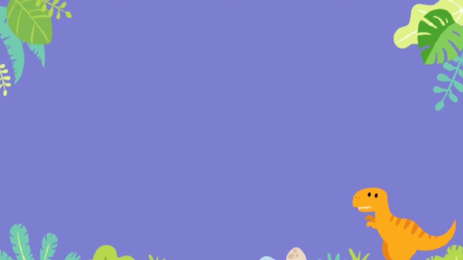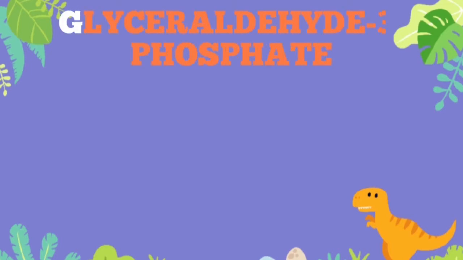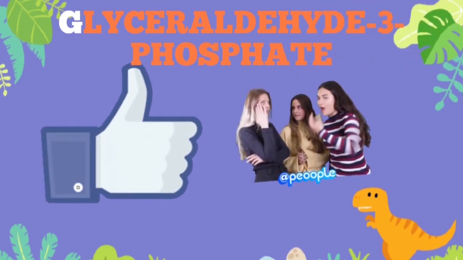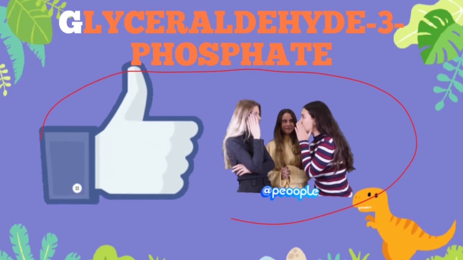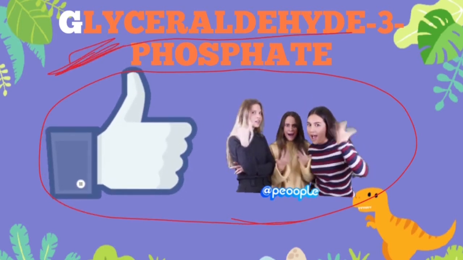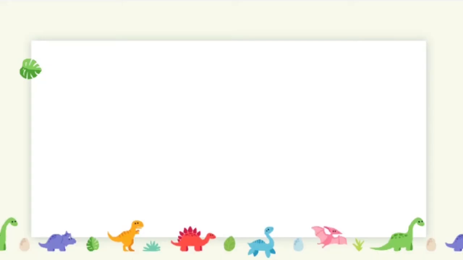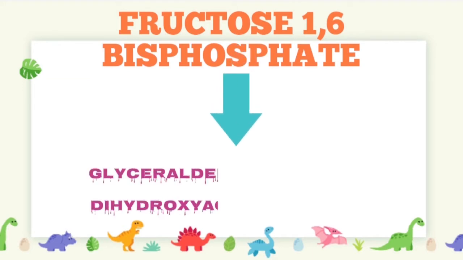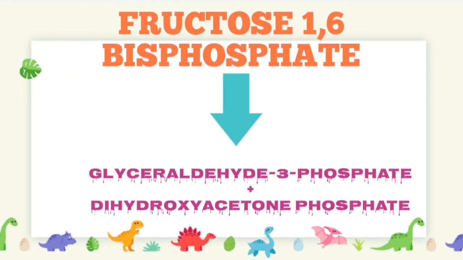Okay. Next is, she posted all this on Facebook. Where in Facebook? Different groups of Facebook. Facebook groups. Okay. Groups of group pages. Glyceraldehyde 3-phosphate. Okay. There is one more end product. I'll tell you about that. Fructose 1,6-bisphosphate is converted into glyceraldehyde 3-phosphate and dihydroxyacetone phosphate.